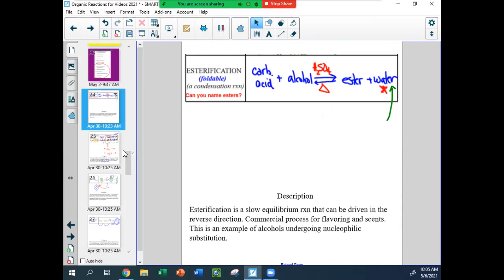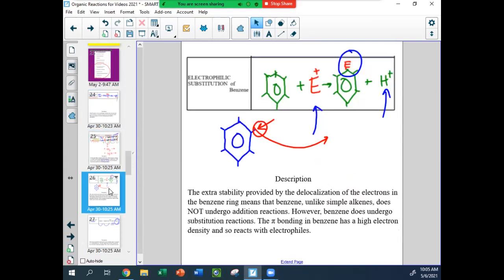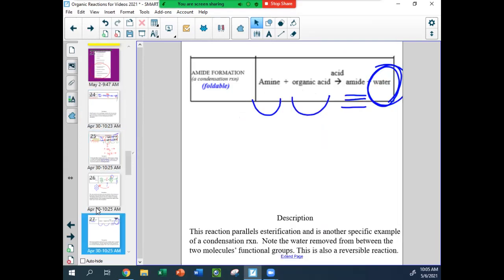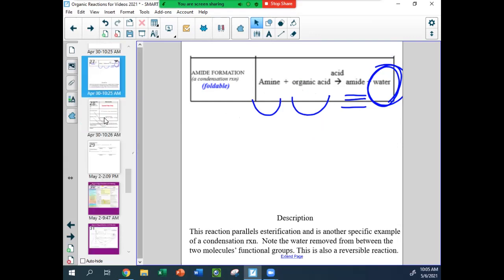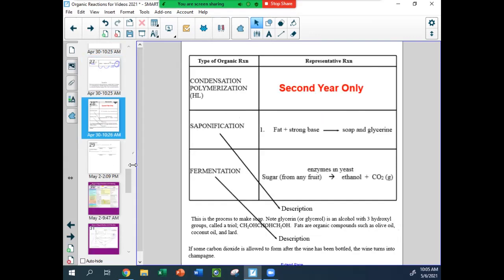So you have esterification, nucleophilic substitution, electrophilic substitution, amide formation, and two more very simple reactions, saponification and fermentation. You might have known about these already.